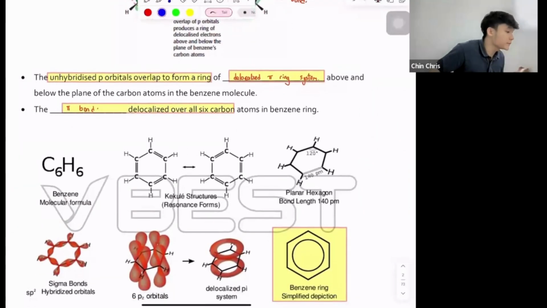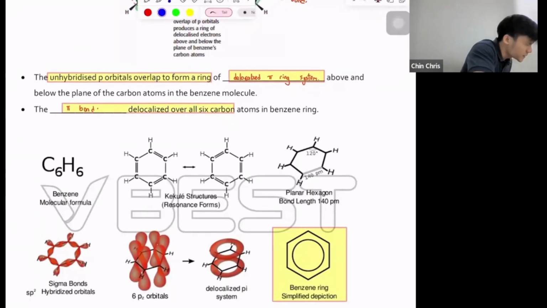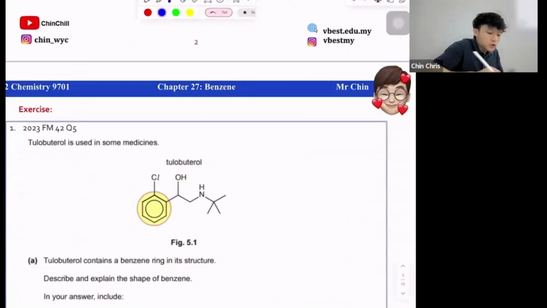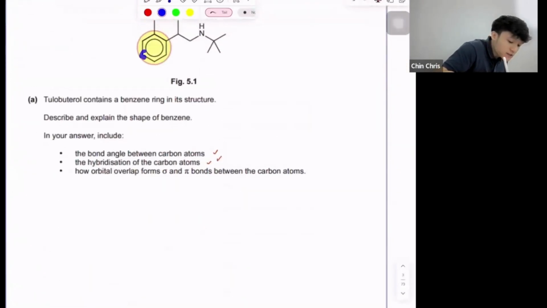Okay, guys, there's a space in between the questions and your answer. I want you guys to draw your sp2 and p orbitals. Let's look at C and C. In between the C and C, what's the bond? A sigma bond. This sigma bond is formed by what type of orbital?